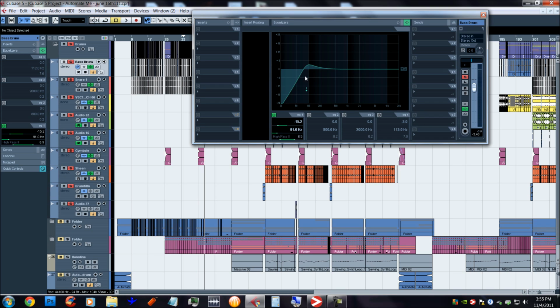So a normal bass drum, I'll play you just a bass drum. And this is what it sounds like now. Okay, and this is what it sounds like without the high pass on it. See, there's a lot of bass in there. And what that means is, if you have a lot of that bass playing, it's going to conflict with your bass line.